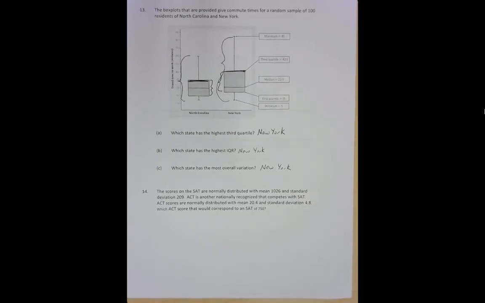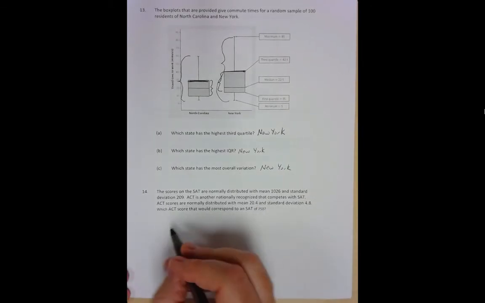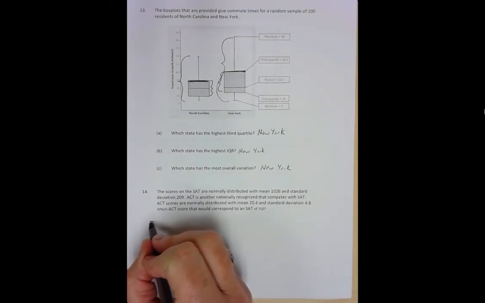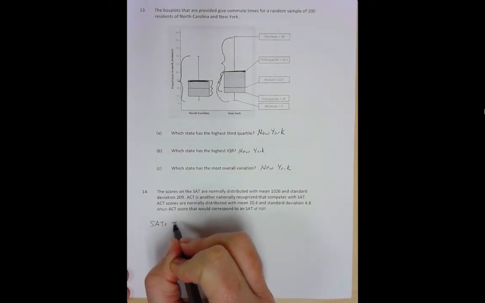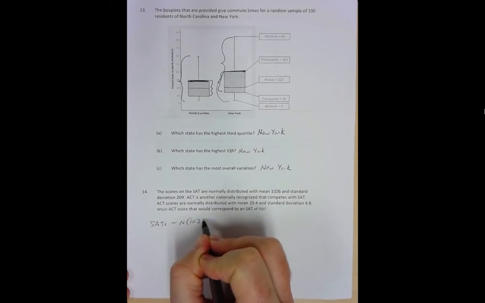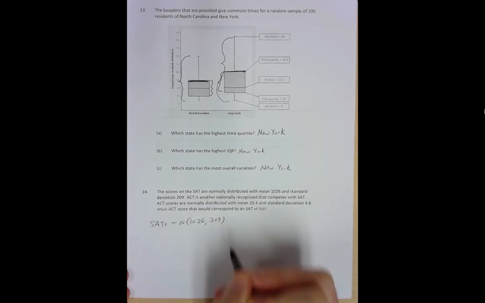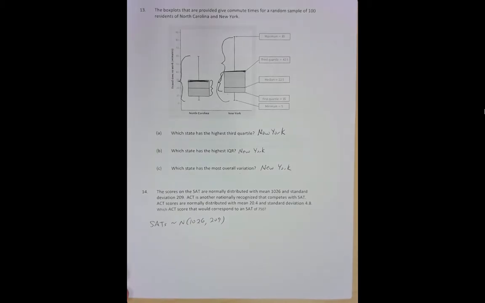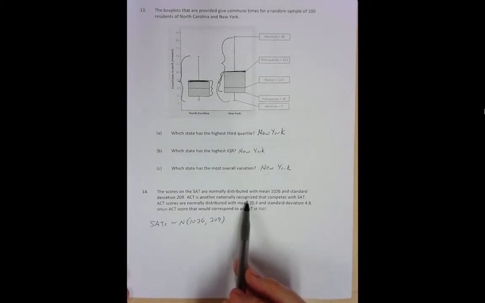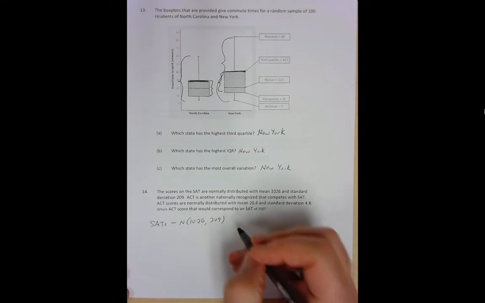All right, scores on the SAT are normally distributed with a mean of 1026 and a standard deviation of 209. ACT is another nationally recognized score that competes with the SAT.